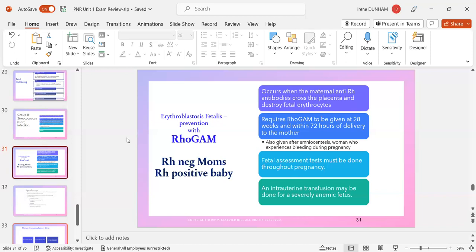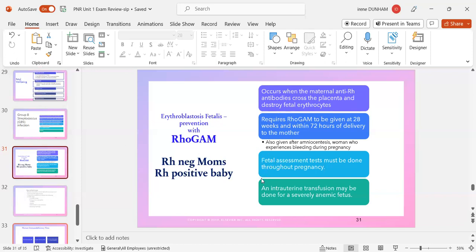And that's why we test her blood to get the Rh factor, because we want to know what we're dealing with. Do we have an Rh negative mom? And if so, then we need to put an alert in our computer system that when she gets close to 28 weeks, when she comes in for that prenatal visit, we're going to give her a blood request, and she's going to go over and get her blood drawn and get her Rogaine.